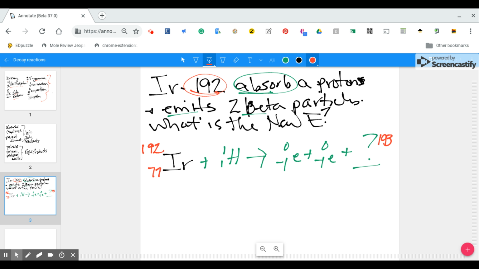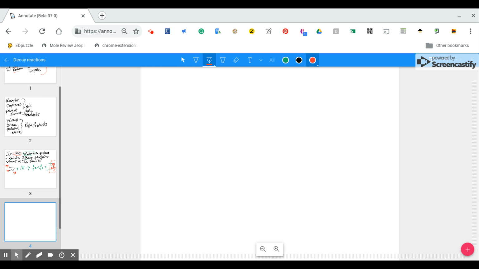Over here, I've got 77 plus 1, so that's 78 on this side. I'm subtracting 2 from this, so I'm going to have to go up over here. This should be 80. All right, so then I find the atomic number of which is 80 to be mercury. So this is the new element that is formed. All right, let's do another one.